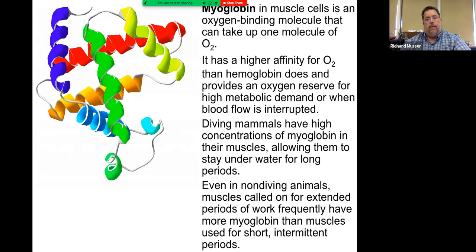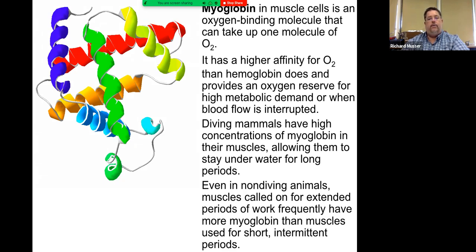Some structures like myoglobin, as you can see, it's kind of like the name hemoglobin, but myoglobin, globin being the protein, is found in muscle cells, and it's an oxygen binding molecule that takes up one molecule of oxygen. So this is one of the reasons why your muscle has that red appearance.